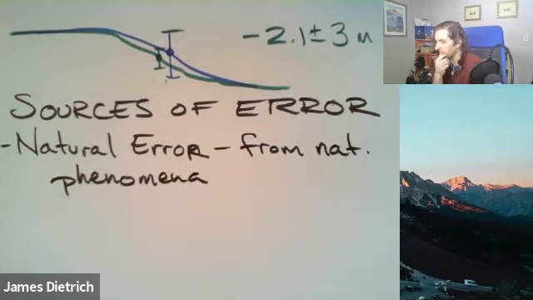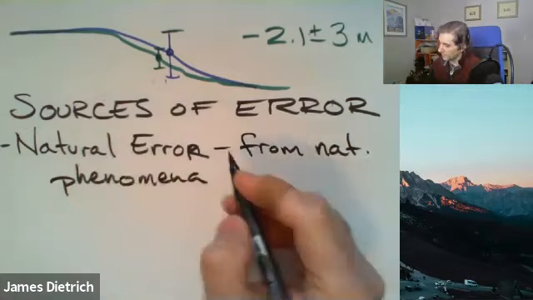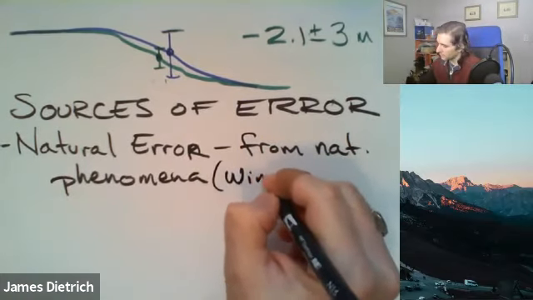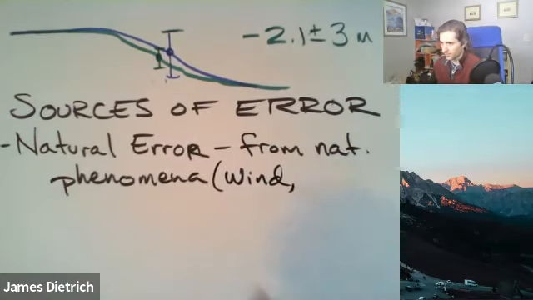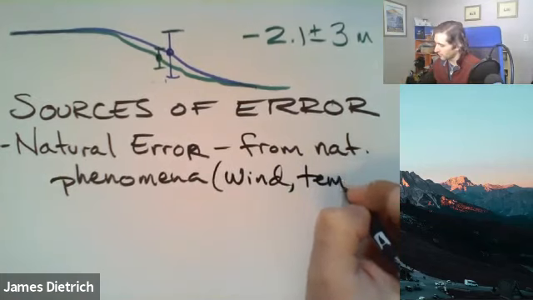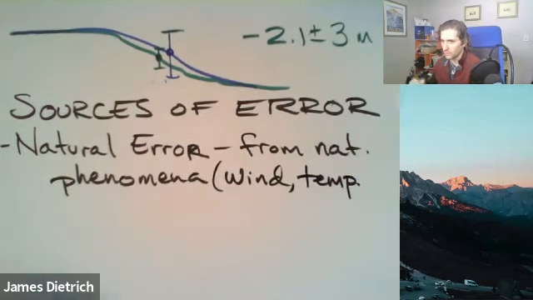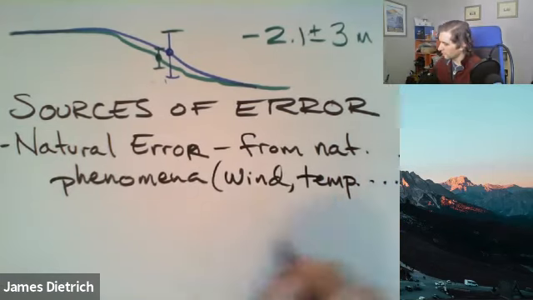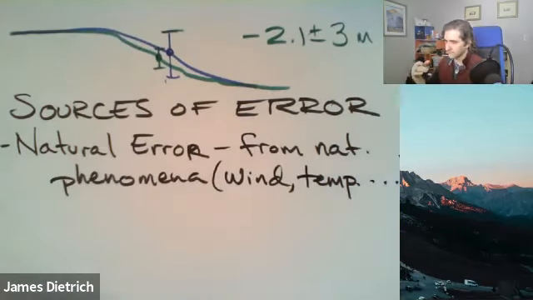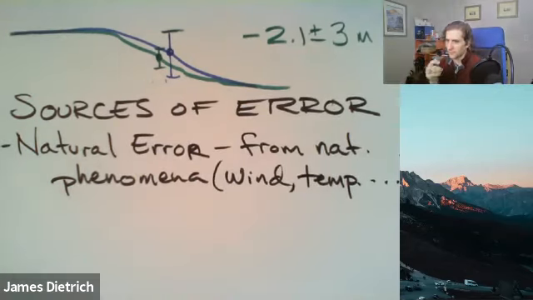These come from natural phenomena, things like wind affecting your measurement, temperature affecting your measurement, humidity might be affecting your measurement. So things that are natural in the environment that might affect your measurement, we refer to those as natural errors.